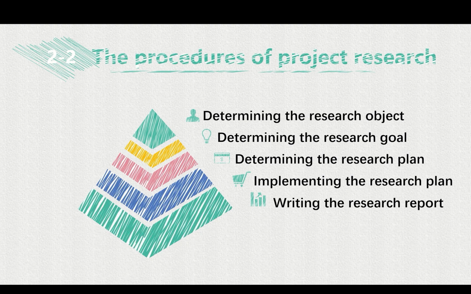The research report, as a summary of the whole research work, needs to focus on the findings and put forward the conclusions and recommendations of the investigators. If there is a sponsor, the project research report can also be used for reference by the funding side when making decisions.